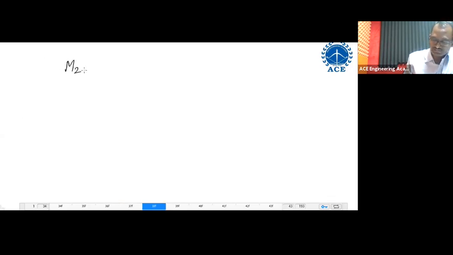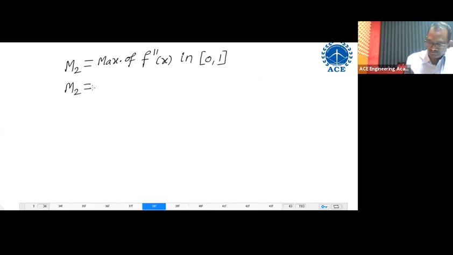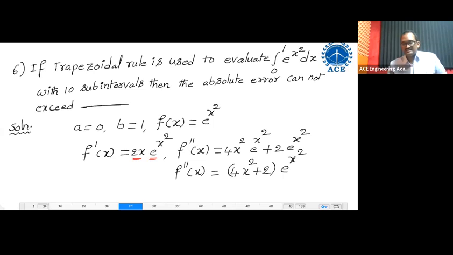M2. What is M2? The maximum value of f double dash x in the interval a comma b, means 0 comma 1. Remember, f double dash x is an increasing function. One logic I will tell you. All increasing functions will have the maximum value at the upper limit of the integral. All decreasing functions will have the maximum value at the lower limit.